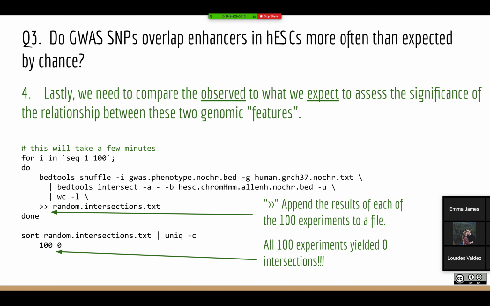When we do this expectation experiment using Monte Carlo, we never see anything greater than 0. So our p-value right now with this experiment is p less than or equal to 1 over 100, 0.01. I bet if we ran this same experiment 1,000,000 times, we'd probably see 0 intersections every time. If we did that, our empirical p-value would be p less than or equal to 1 over a million, 0.000001, right? Okay.